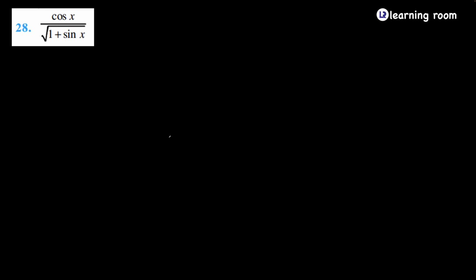So what is the logic for this problem? Can someone tell me? Square root is there, so your eye should go to what is there inside the square root. So you have 1 plus sin x, and look at the numerator, you have cos x dx. So in this question, put 1 plus sin x equal to t, which implies cos x dx is equal to dt.